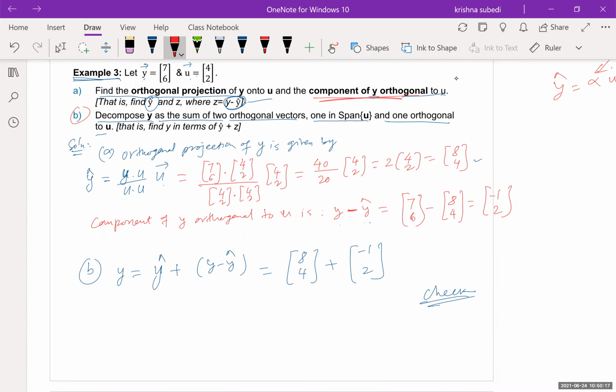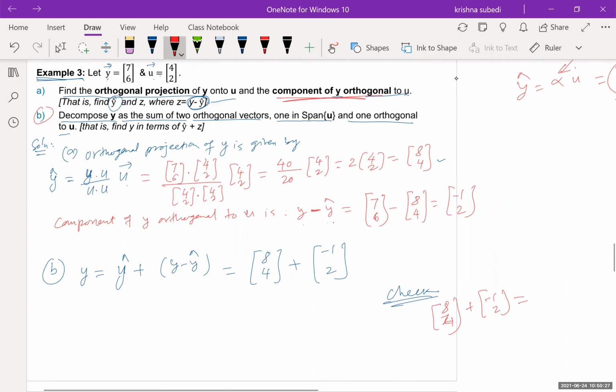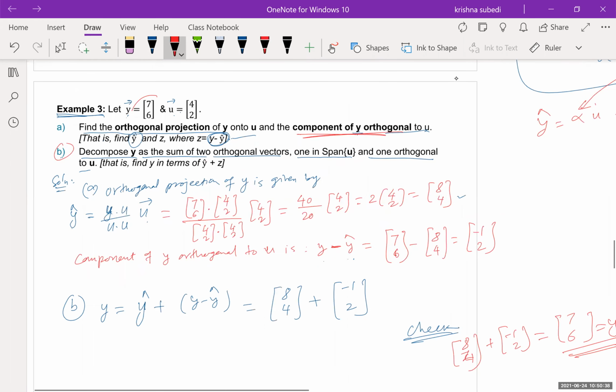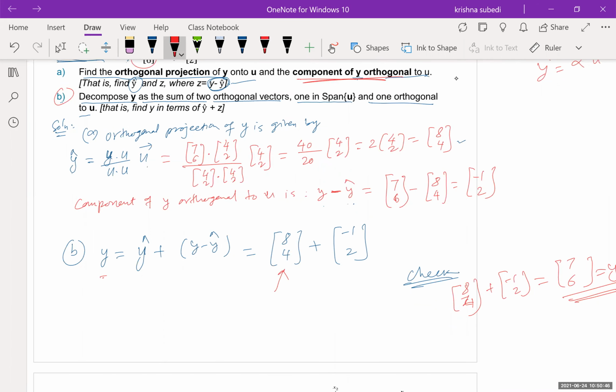Let us check. So 8 and 4 plus -1 and 2, if I combine them, what do I get? I will get 7 and 6. Is this y? Are you sure? What is y given? 7 and 6, yes. You see, we decompose that 7 and 6 into two vectors. This one, 8 and 4, is in the direction of u, is in the span of u.